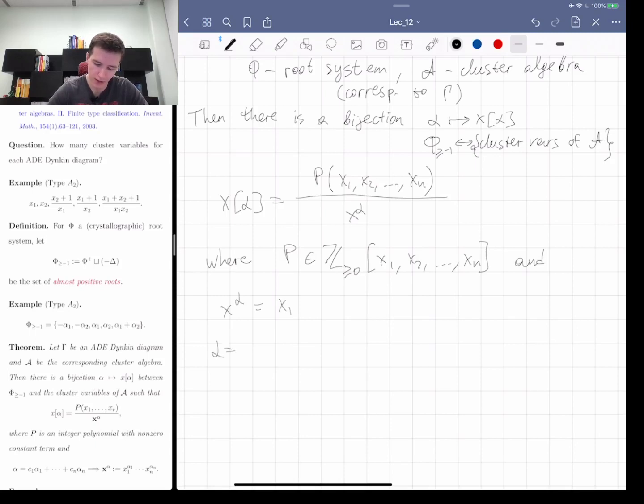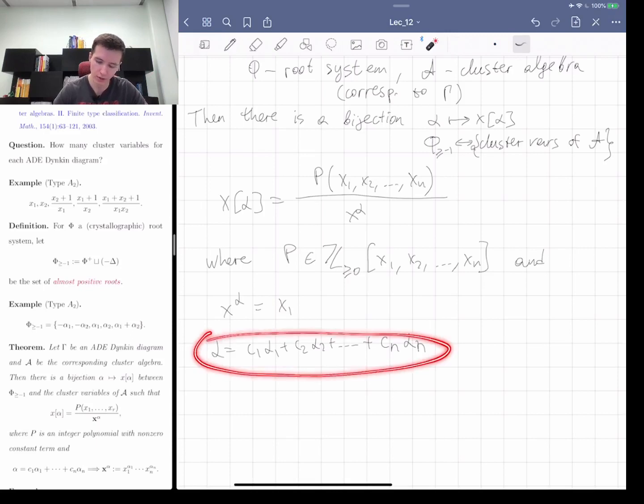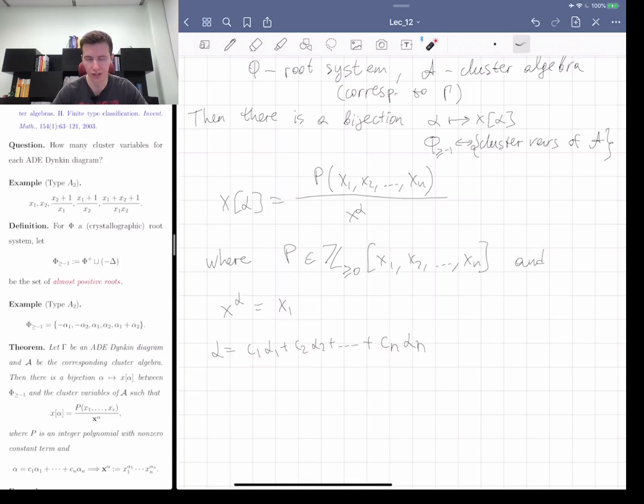Let's say alpha is written as c1 alpha 1 plus c2 alpha 2 plus etc. plus cn alpha n. Remember, the simple roots form a basis, so alpha can be written uniquely in this way, and I forgot to mention that for a crystallographic root system, any positive root is a positive integer combination of the simple roots.